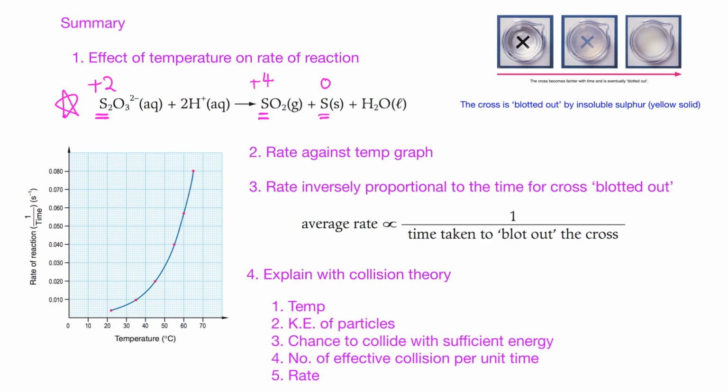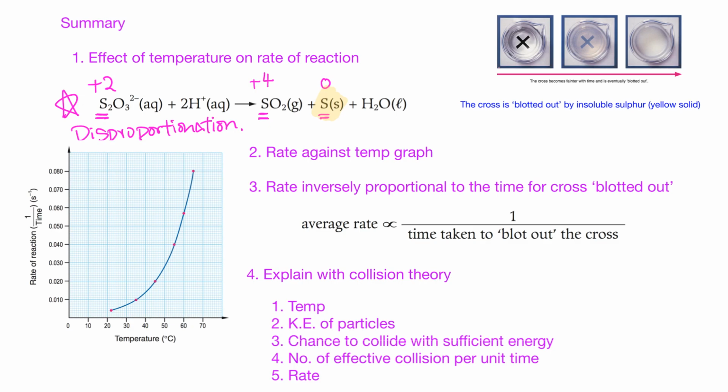So actually, this is another example of disproportionation. So the same reagent, the same chemical, acts as both the oxidizing agent and the reducing agent at the same time. So this reaction is very important, because in the process it produces a yellow solid, and this will blot out the cross right under the beaker.